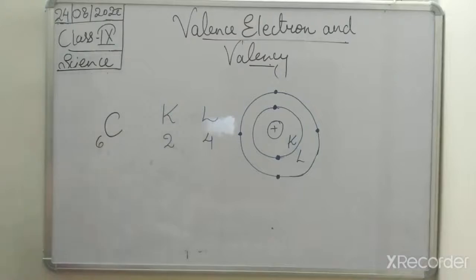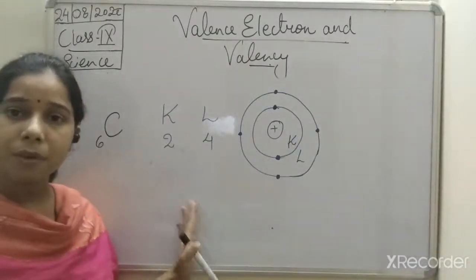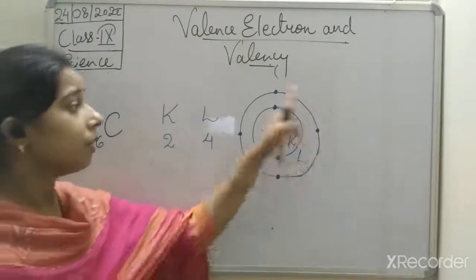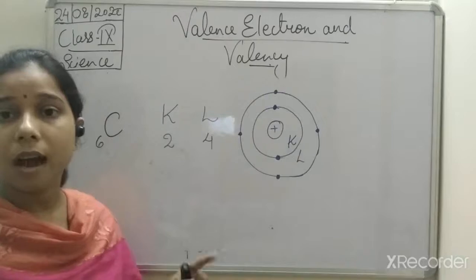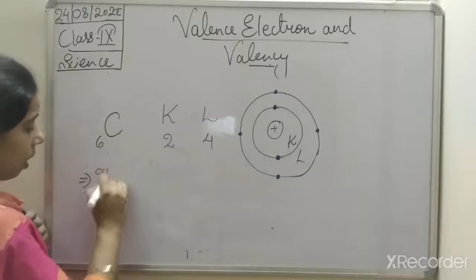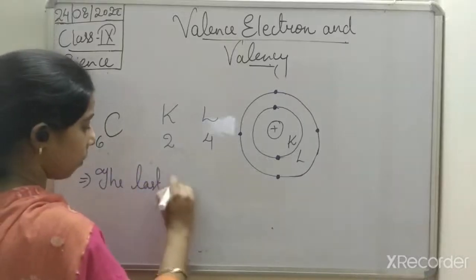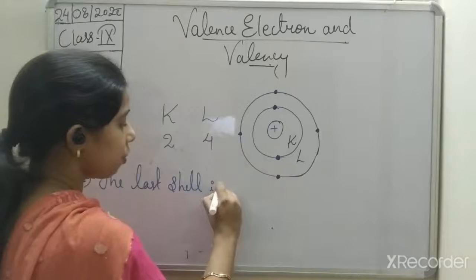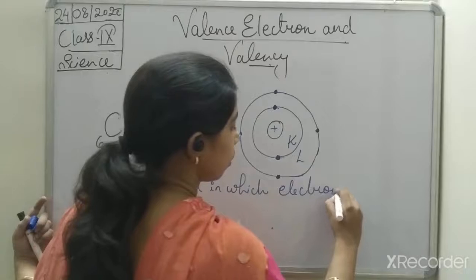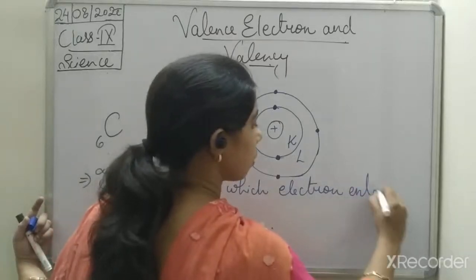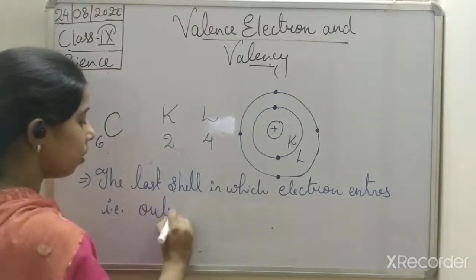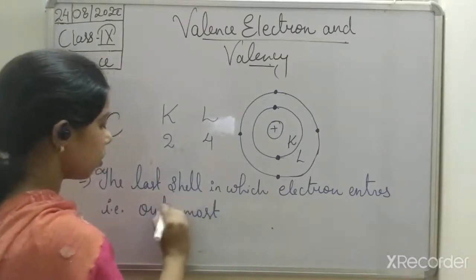So you see here, students, the atomic number is 6 here and the last shell is the outer shell, and this shell is known as the outermost shell. Okay, so the last shell in which electron enters, that is the outermost shell.